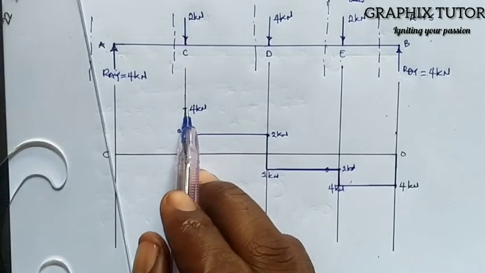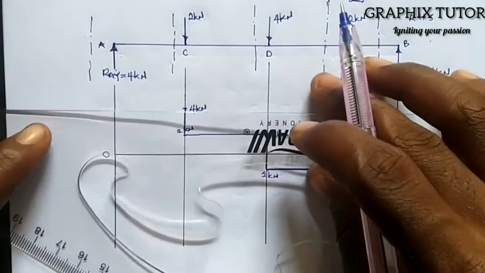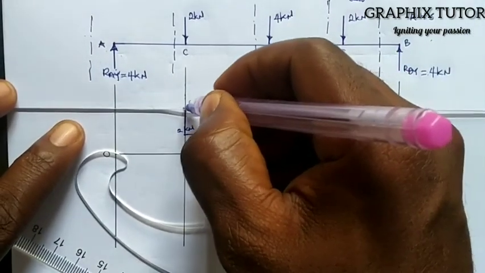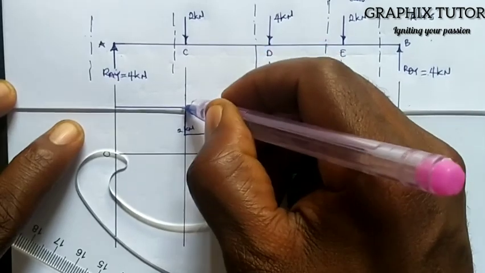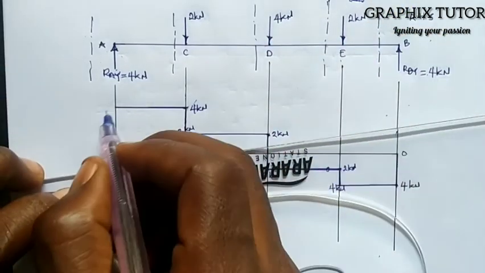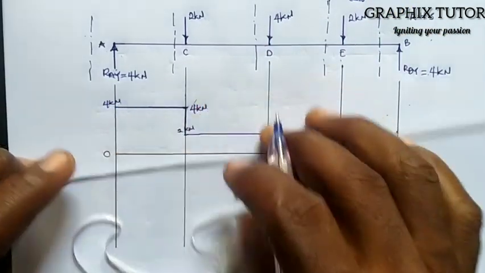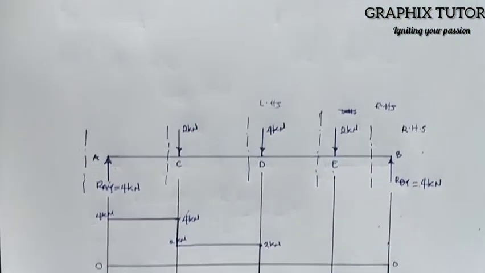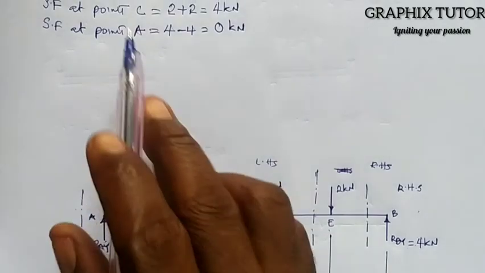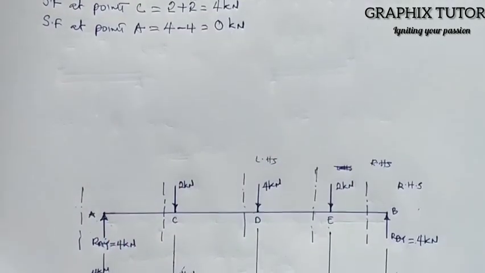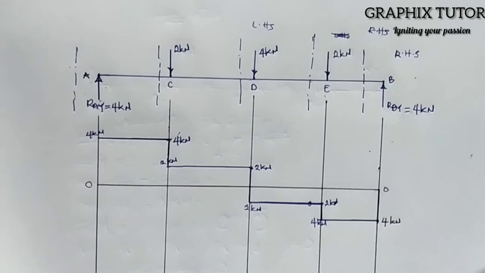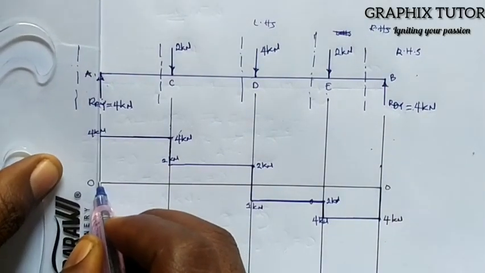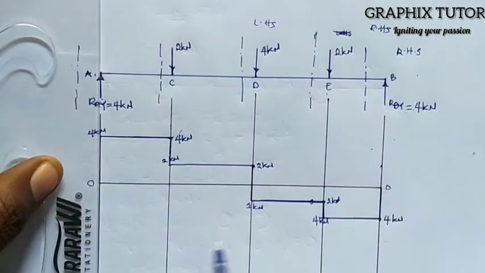Between C and A, it is constant, and I'm going to draw my constant line to show that in between C and A is constant, and that is 4 kilonewton also. Now, at point A, the shear force there is 0. So I'm going to go to point A and draw my force back to 0. So at this point is 0.